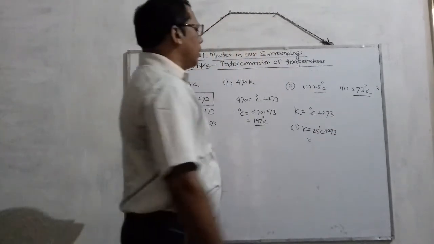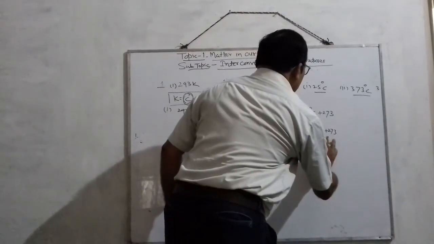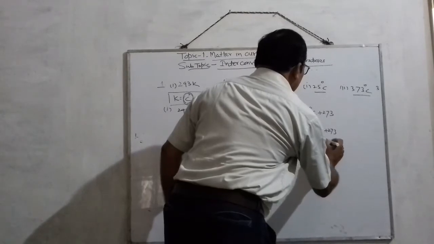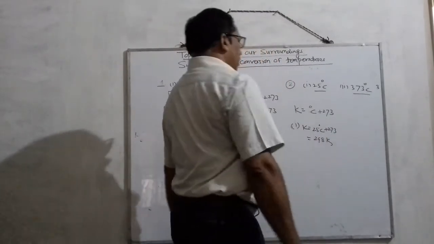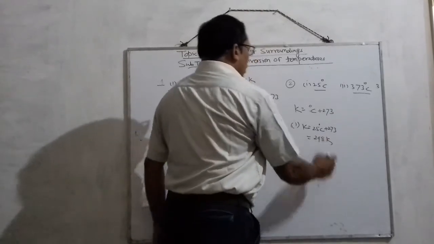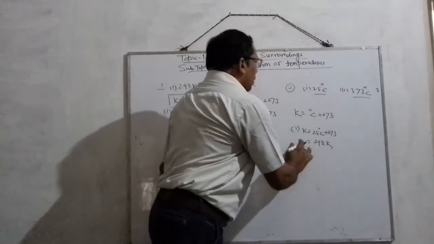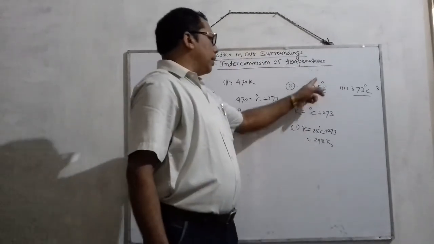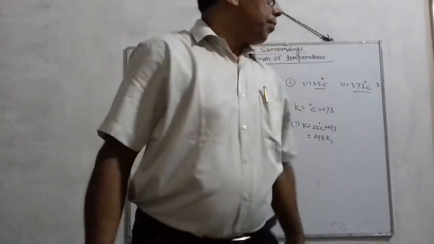That will become 298 Kelvin. Am I right, children? So in the Kelvin scale, the value of 25 degrees Celsius will be 298 Kelvin.